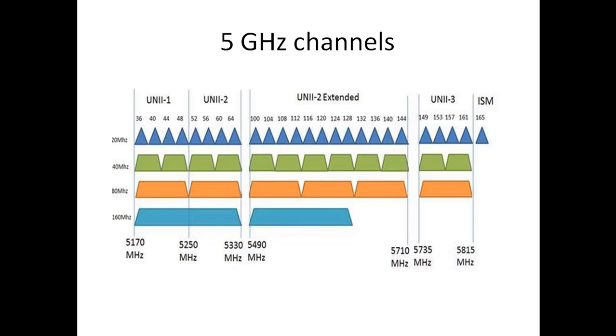Now, in the two center portions of this 5 gigahertz channels, we see the Uni 2 and the Uni 2 extended. Okay, so the Uni stands for Unlicensed National Information Infrastructure, which is fancy terms that the FCC uses. So in the Uni 2 and Uni 2 extended, one of the rules is that the radios have to be what's called DFS compliant, or Dynamic Frequency Selection compliant.